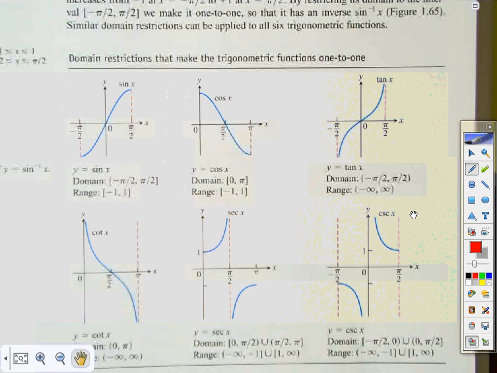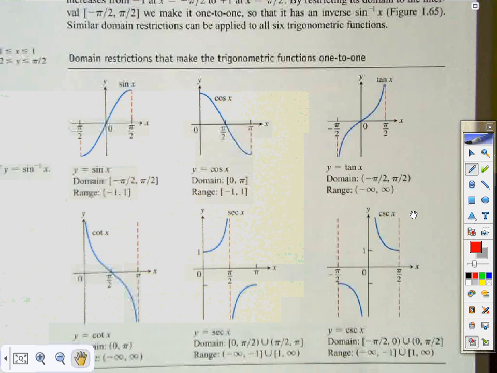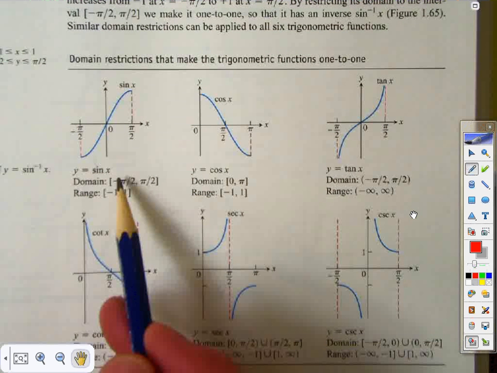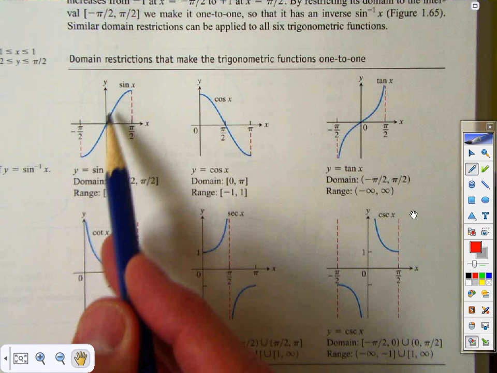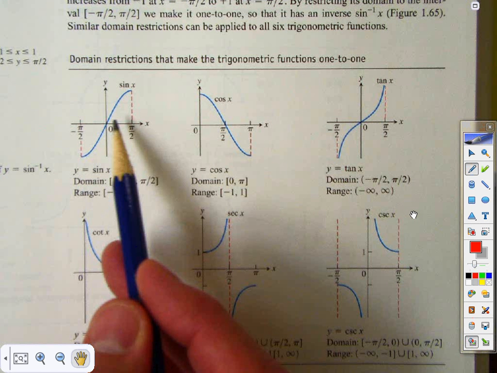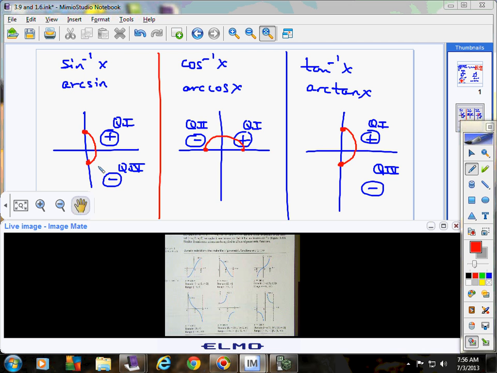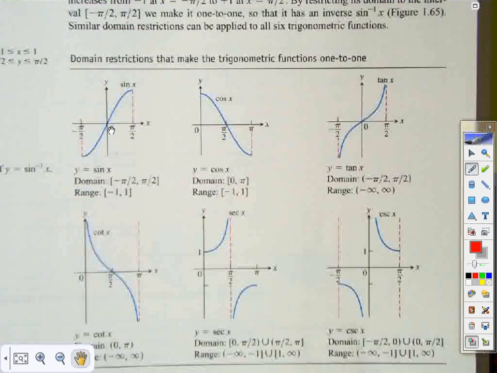Okay, so on page 47, I'm not going to go through all 6 of these, but fine. You've got the graph of the sine from negative 90 degrees to 90 degrees. So they're showing you in your book that if you only consider this much of the sine of x, it's a 1-to-1 function.